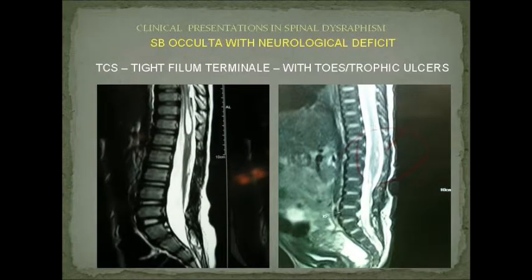Another girl came to me when she was about 8 or 9 years old, again a case of spina bifida occulta. The back lesion was just a tuft of hair, but with trophic changes in the toes, and she had trophic ulcers on the toes, and that's what prompted the father, who works in Bombay, to call the girl from Uttar Pradesh to Bombay for a further checkup.